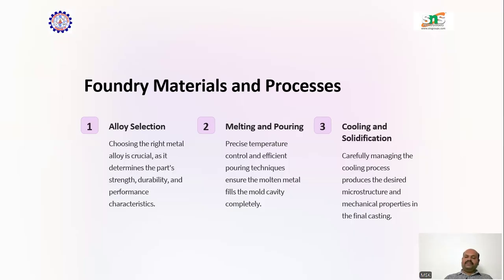Third one is cooling and solidification. The material poured into the mold cavity has to take its own time for cooling and solidification. We have learned the TTT diagrams, time-temperature-transformation diagrams, where the molten metal is allowed to cool and various structures are formed in the cooling process.